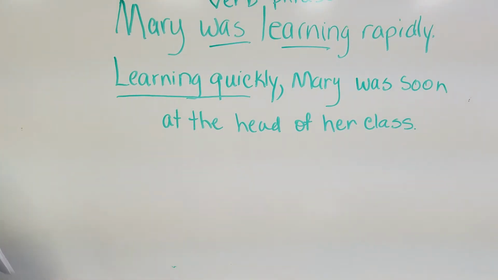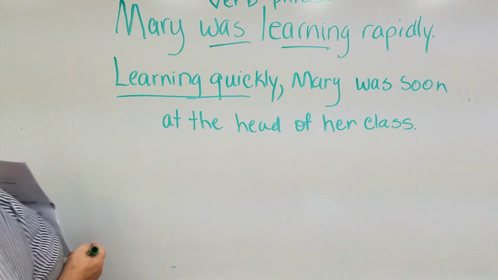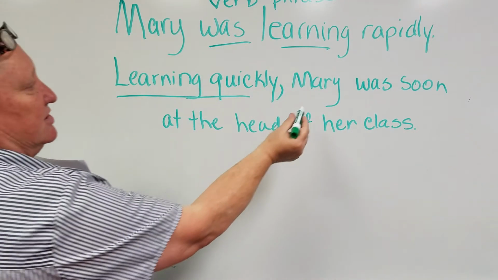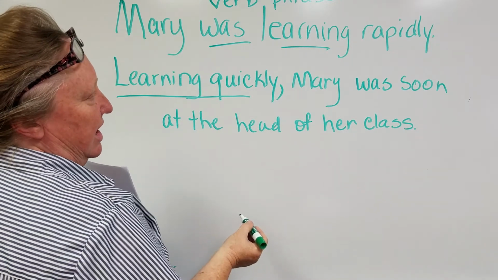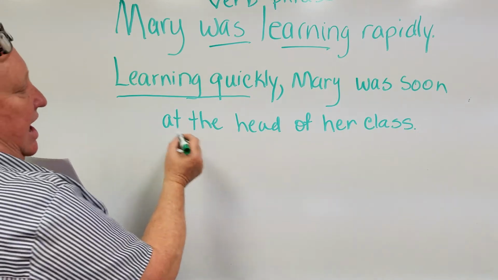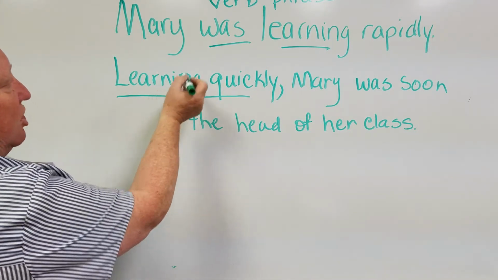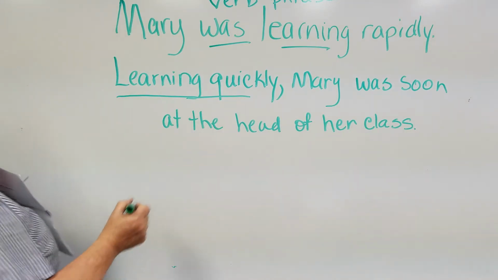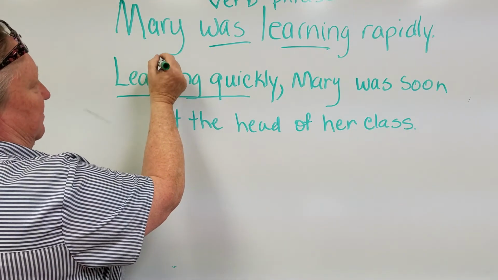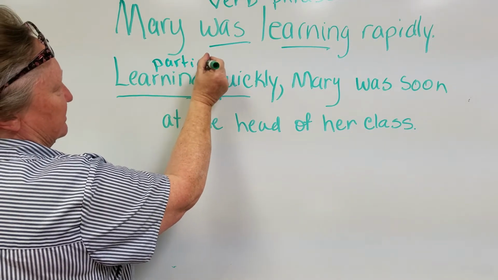Now let's look at the next sentence. Learning quickly, Mary was soon at the head of her class. So we have the subject again, Mary, and the verb, was. Mary was at the head of her class. Okay, so what is our ing form doing over here? This is a participle acting as an adjective.